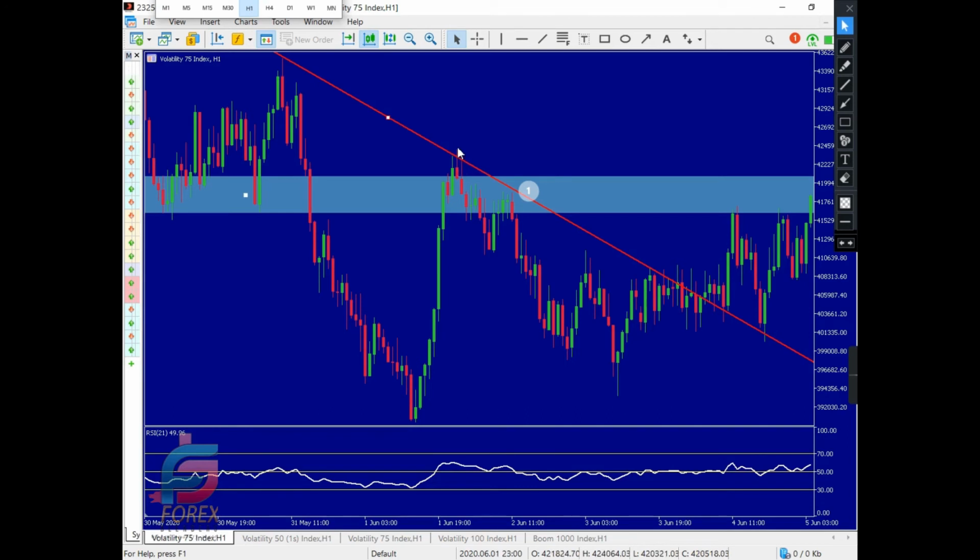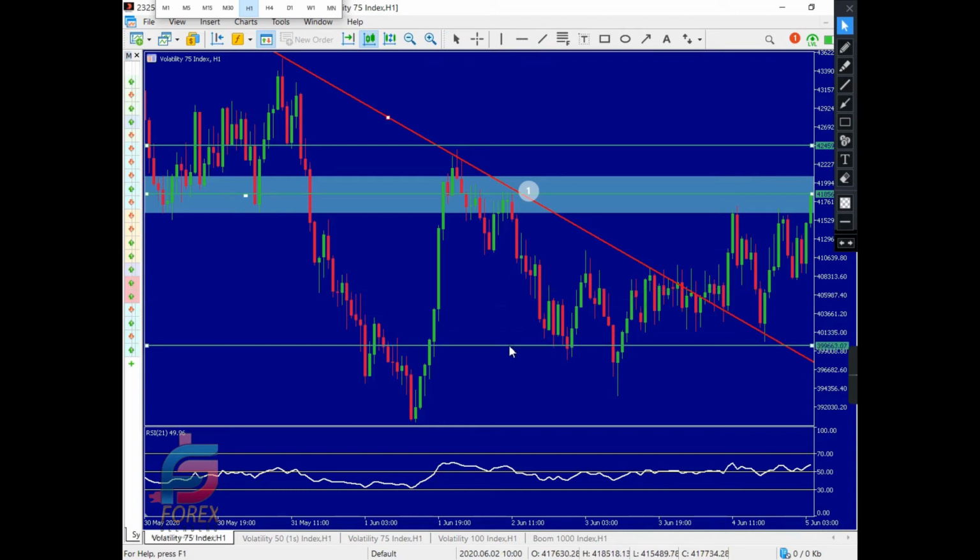You can see there is a rejection and a bearish confirmation that came in, and then the market dropped. Your stop loss is above here, your entry is there, and your TP is 1 to 2. We should be around there. Very nice, and it still dropped further.